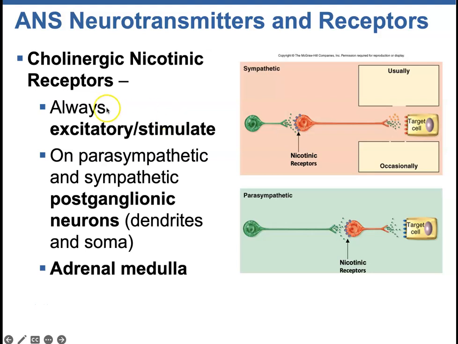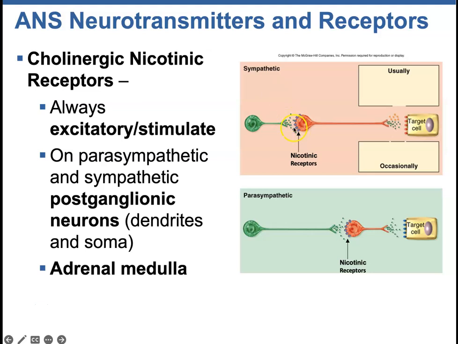So looking back to the pictures, the preganglionic neuron secretes acetylcholine. Here we have nicotinic receptors, which means this preganglionic neuron on the nicotinic receptor is going to cause this neuron to be stimulated. This was sympathetic. Parasympathetic, preganglionic neuron secretes acetylcholine, nicotinic receptors, stimulatory.